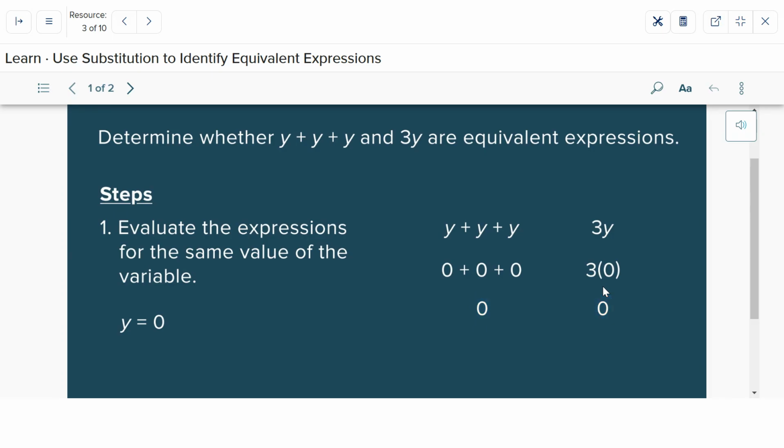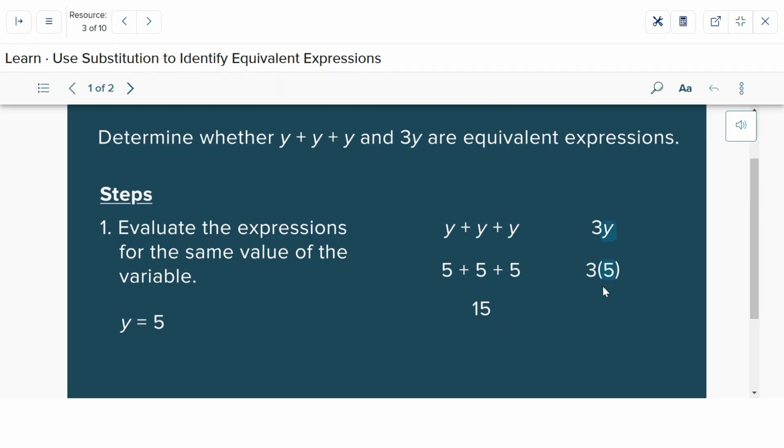If substituting one value for the variable indicates that the expressions are equivalent, repeat the process with a second value of the variable. Choose a second number, such as 5, and substitute it for the variable in the first expression. 5 plus 5 plus 5 is 15.